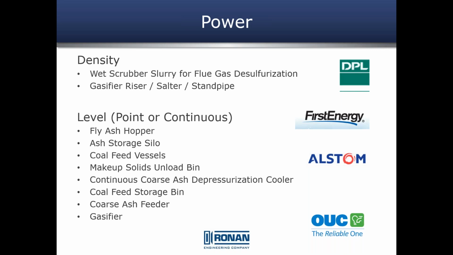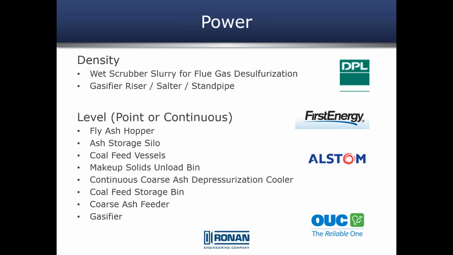If we look at power, we can do two common types of measurements: density and level, whether it's point or continuous. So for density, some common installations are on the scrubber, where the flue gas desulfurization happens, and then on the gasifier riser or standpipe.